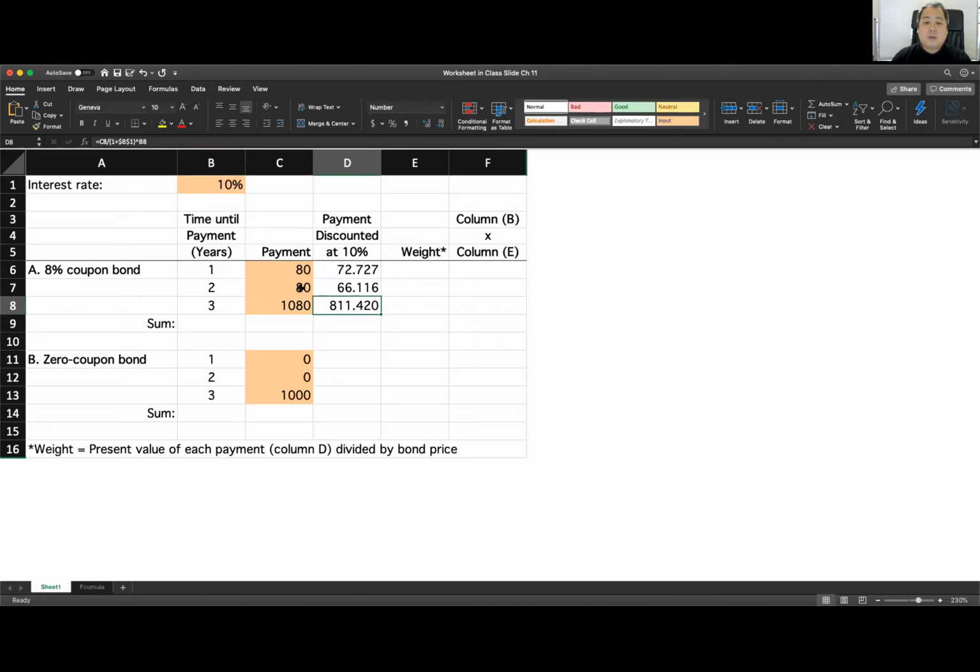So the present value of this $80 cash flow. The third one is the present value of the third year cash flow. And if you add them up, that will be the price of the bond.